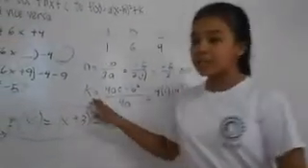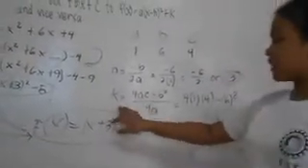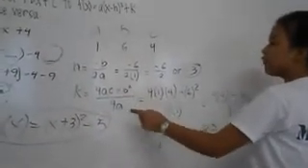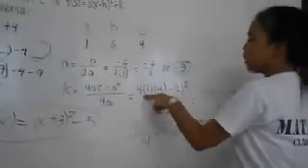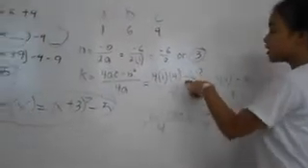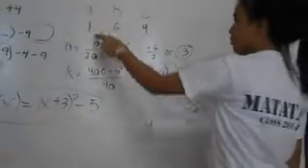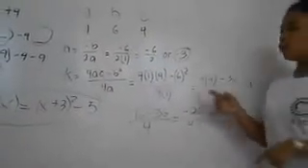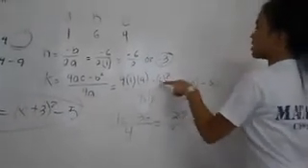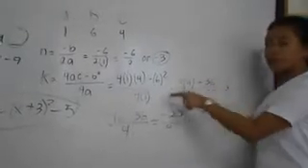And we will find the value of k by its formula. The formula to find k is 4ac minus b squared all over 4a. Equal to 4 times the value of a, 1, times the value of c, 4, minus the value of b, 6, squared, all over 4 times the value of a, 1. 4 times 4 is 16, minus 6 squared, or 6 times 6, is 36, all over 4.